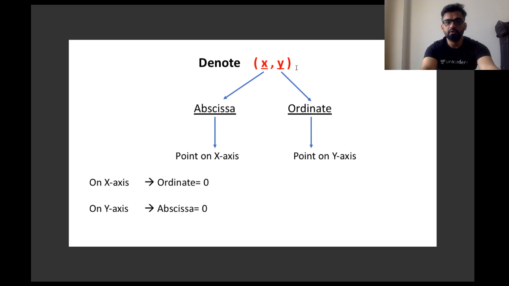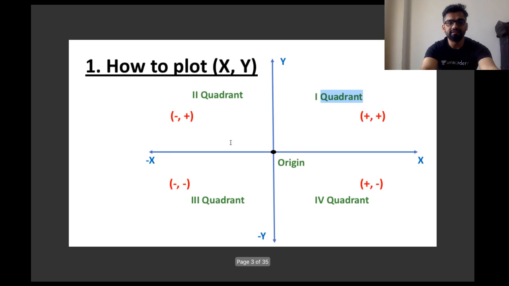Now let's denote this coordinate xy. What does this mean? X is called the abscissa, y is called the ordinate. Abscissa is the point on the x-axis and ordinate is the point on the y-axis.